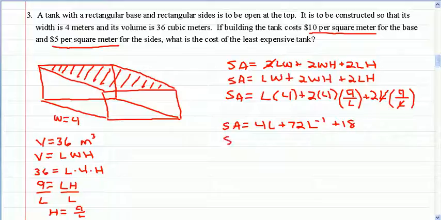So now when I find the first derivative of the surface area, I only have one variable to differentiate. So the derivative of the surface area is 4 minus 72L to the negative 2, which can be written as 4 minus 72 over L squared.